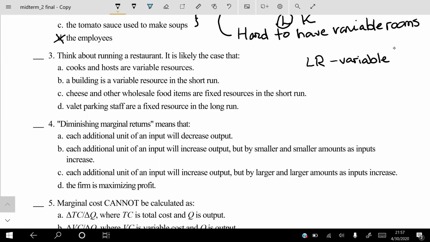So let's eliminate D right away. Say bye-bye to D, everyone. Now, this is similar to the last problem, so let's think through it. Is a building really a variable resource in the short run? No. And what about cheese and other wholesale food items being fixed resources in the short run?